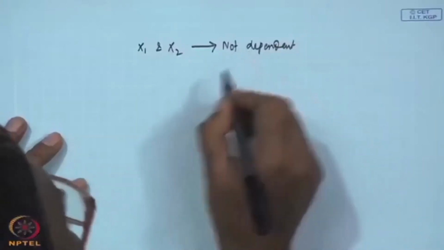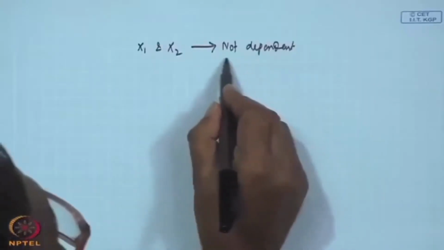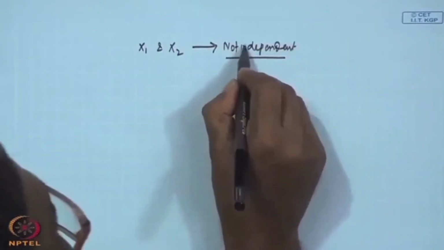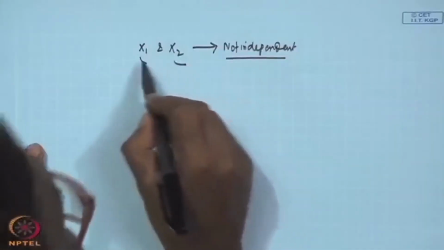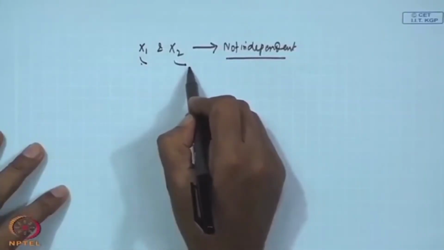Suppose someone's height is more than another's, naturally the weight is also more, but there are other parameters also which govern the weight. When they are not independent, when x_1 varies, x_2 also varies.